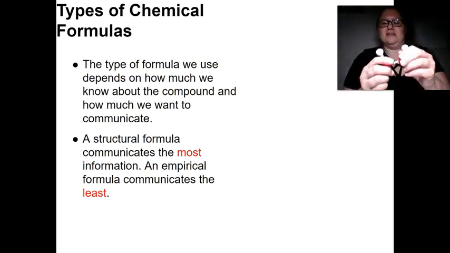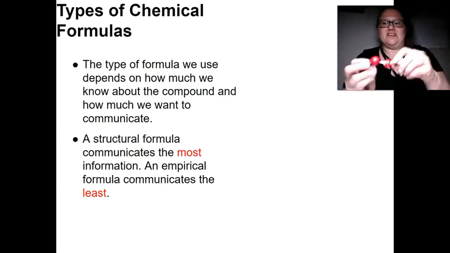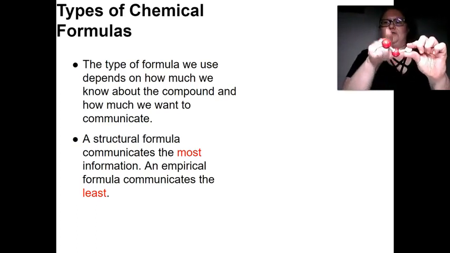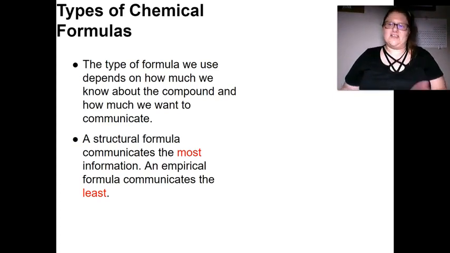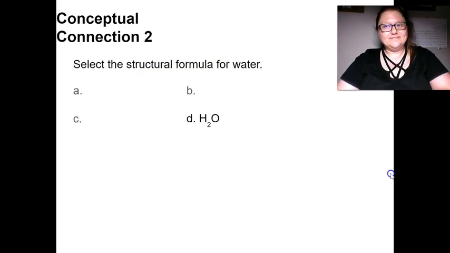Even if it's just the linear connection that you saw on the previous slide, just showing it's H to O to O to H, that is still giving you more information than just an empirical or a molecular. On the other side of that scale, the empirical is always going to give you the least amount of information because it's just a ratio. There can be many compounds that have different molecular formulas but share the same empirical because it's a ratio.